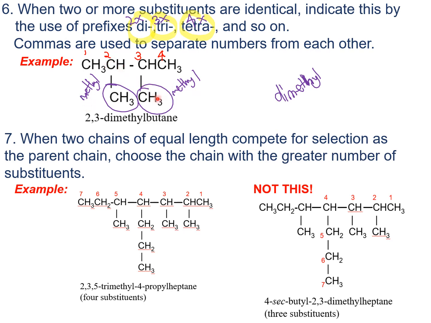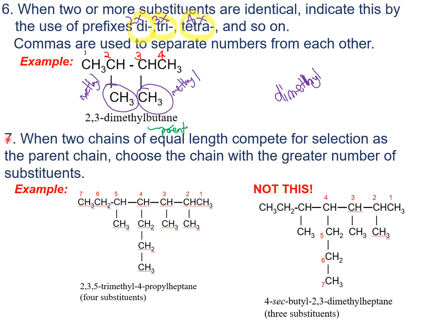Methyl yang kedua berada pada kedudukan carbon dekat parents ni yang ketiga. So the way you want to do this, you need to separate the numbers ataupun the position of your methyl substituents ni dengan comma. Okay, so that's why lah, 2,3 dash dimethyl. So, terus nama parents. Okay, ni nama parent, which is butane.